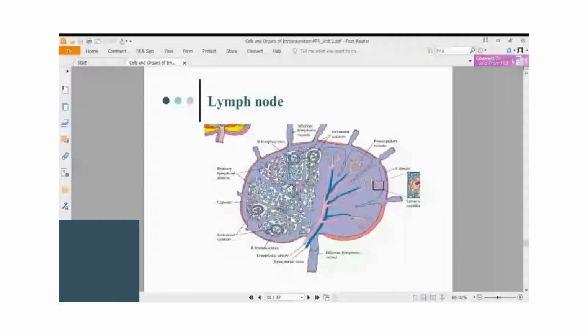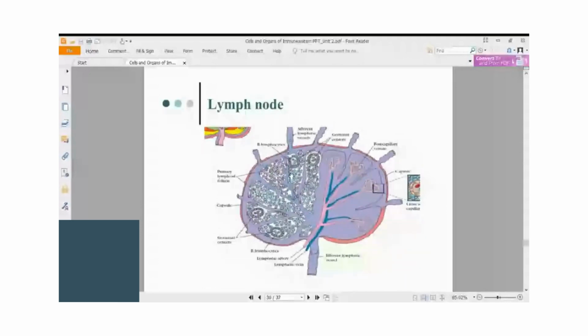All right. Th cells which leave the thymus come and lodge themselves in the lymph node in the paracortex area. The paracortex is the mid-zonal area, the middle part of the lymph node. The cortex area is the peripheral area.